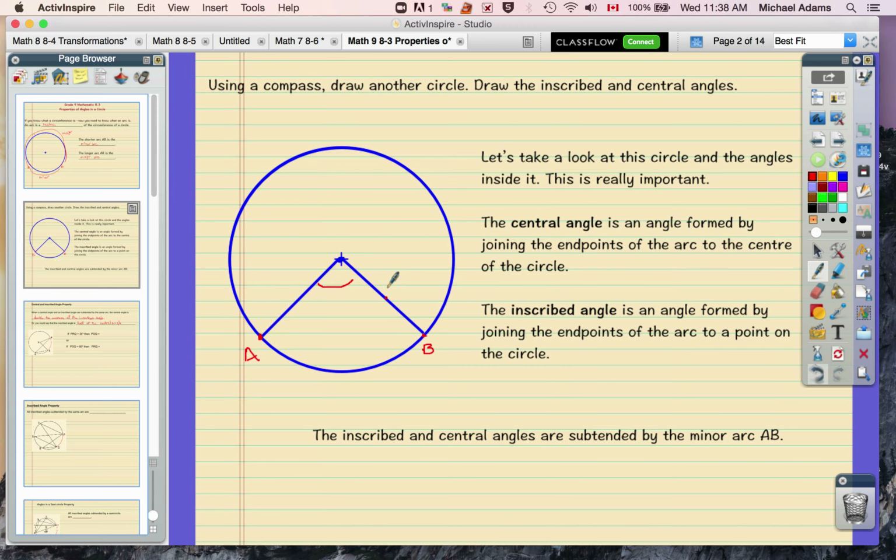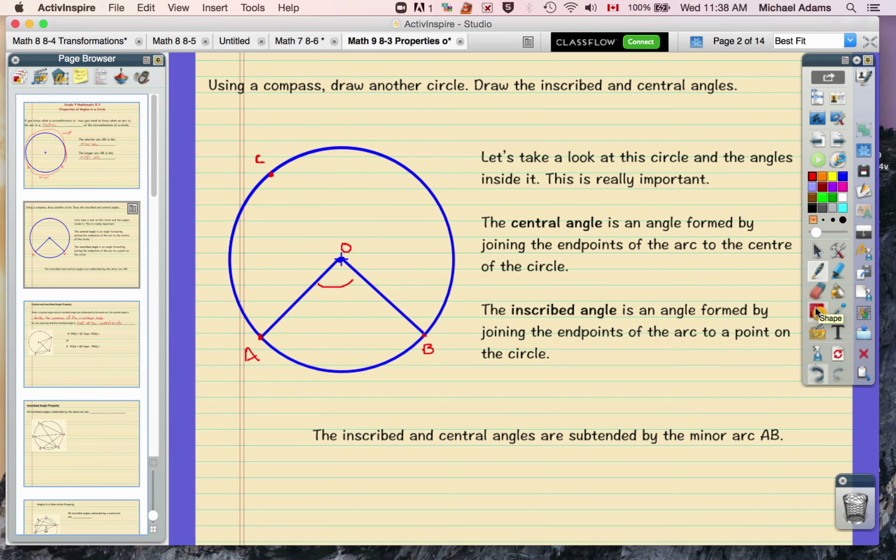Okay, I've got my arc AB, and let's call the center of my circle O, for the origin, or the center. And now let's put another point, this time on the circle itself, and we'll call this point C. And we're going to draw another angle.